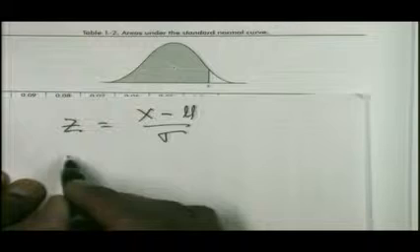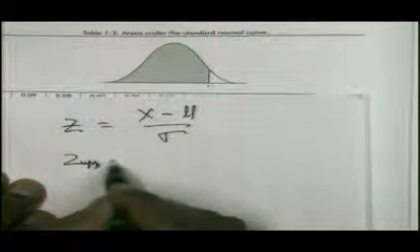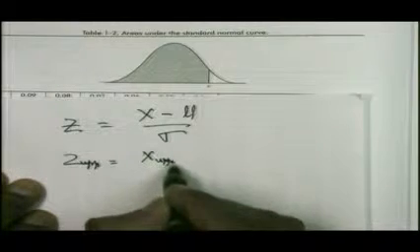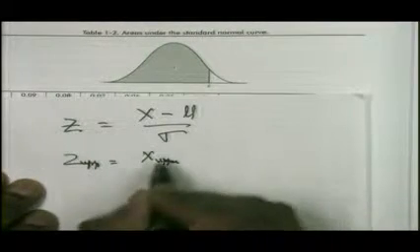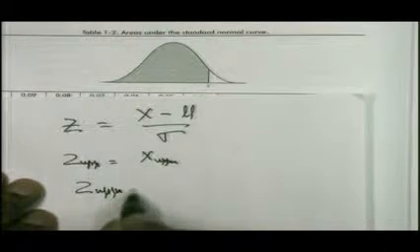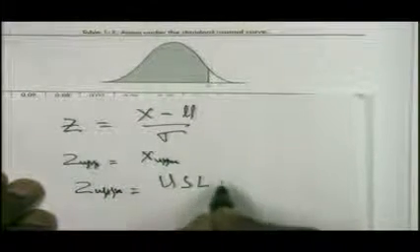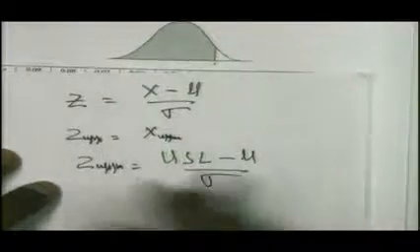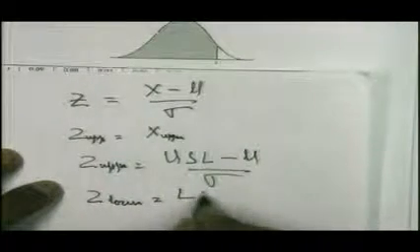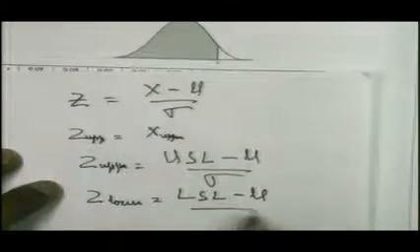This is the general equation. Z upper is going to be X upper, basically USL. So Z upper will be USL minus mean over sigma, and Z lower will be LSL minus mean over sigma.